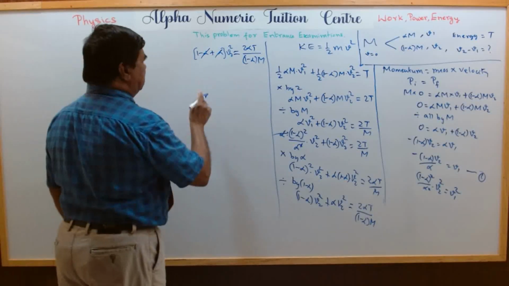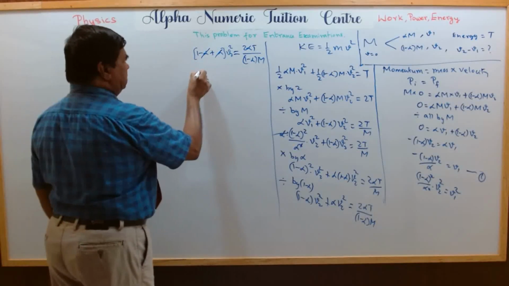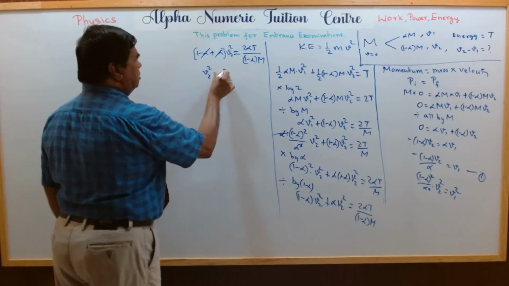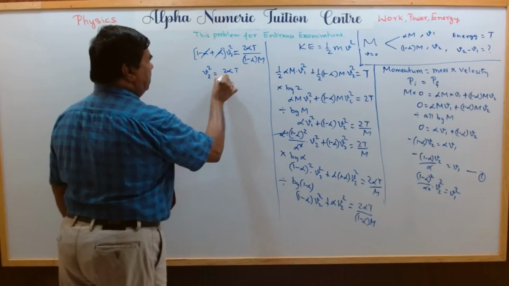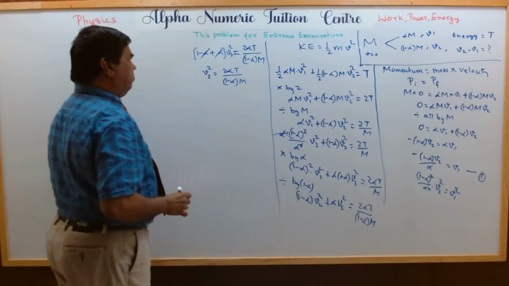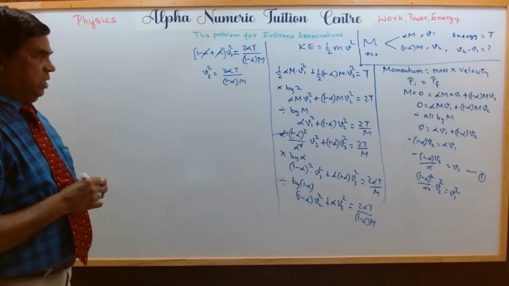So the alpha plus alpha minus alpha will get cancelled. So 1 into v2 squared. Therefore v2 squared is equal to 2 alpha t divided by (1 minus alpha) into m.